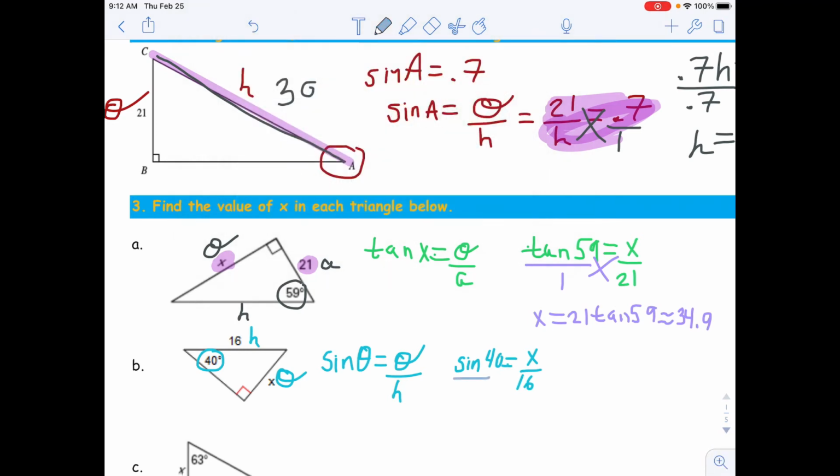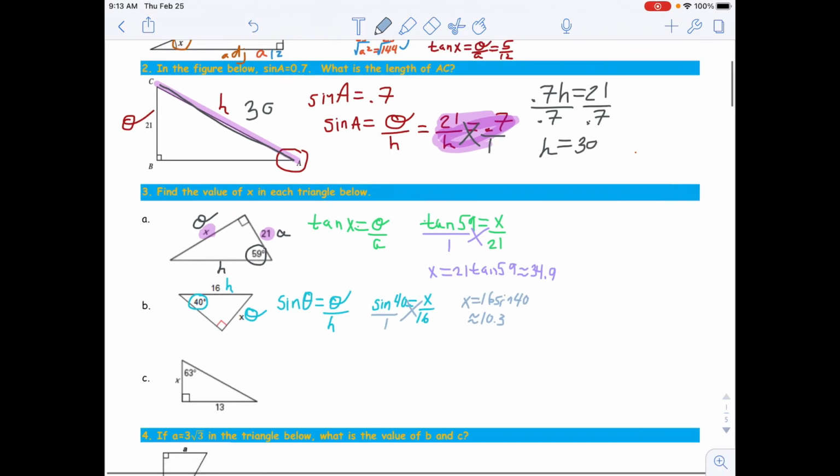Then it's just putting that over 1, cross multiplying. We're going to get x equals 16 sine 40, also known as 10.3. Okay, cool.